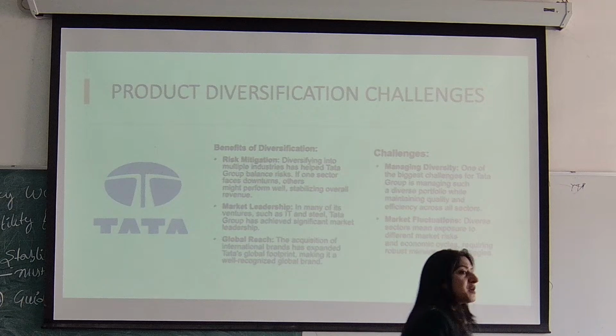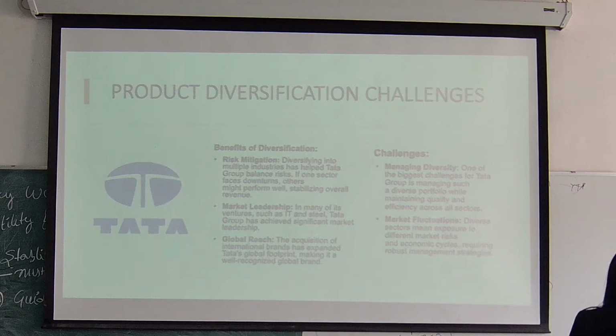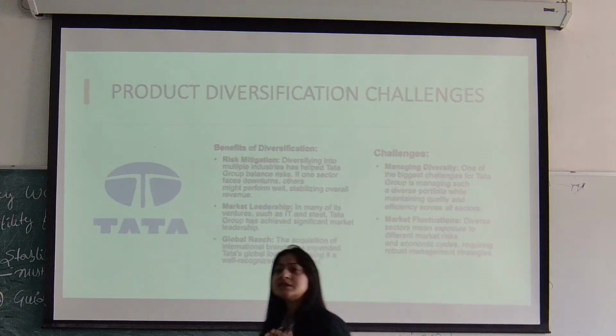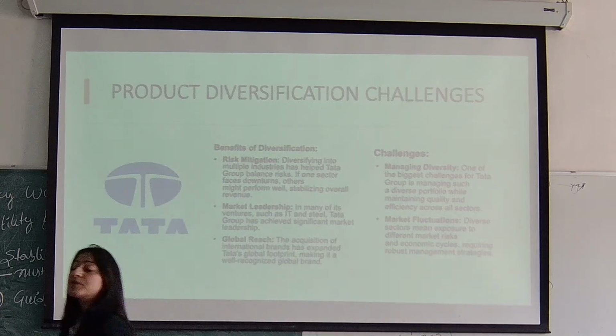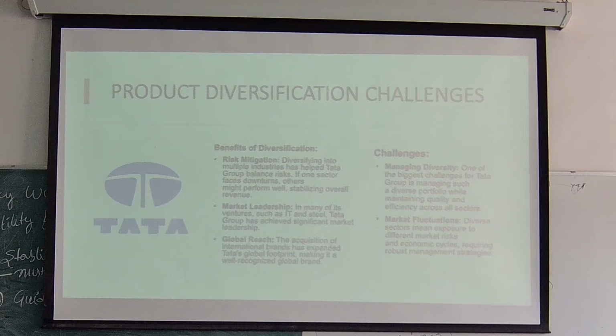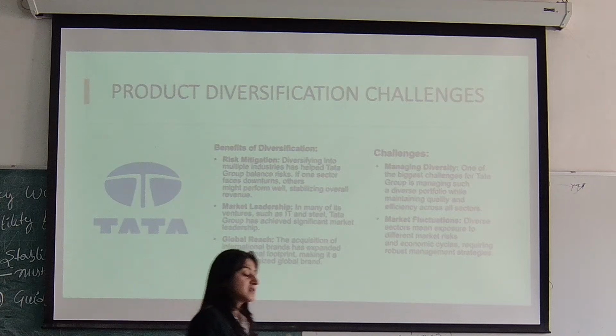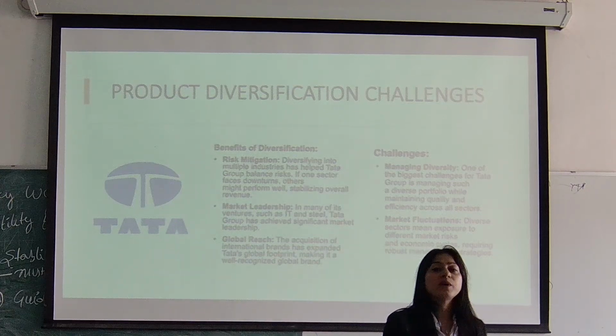If you are grooming one particular product, marketing it well, doing sales, it's still easier. But when you have a multiple range of products, a plethora of products, you have to maintain the quality, you have to maintain its logistics across all the sectors, countries, nations, and so forth, right?